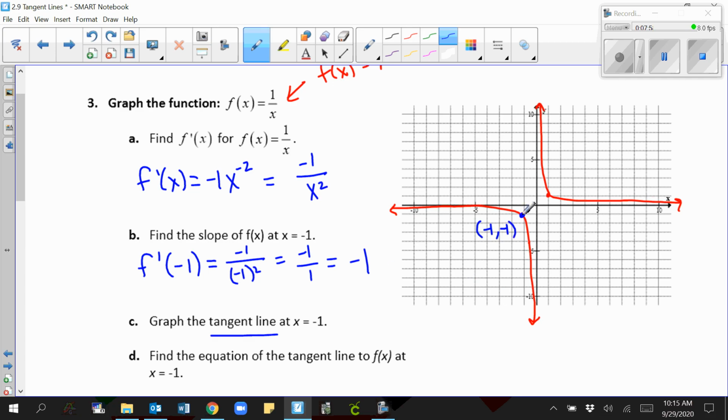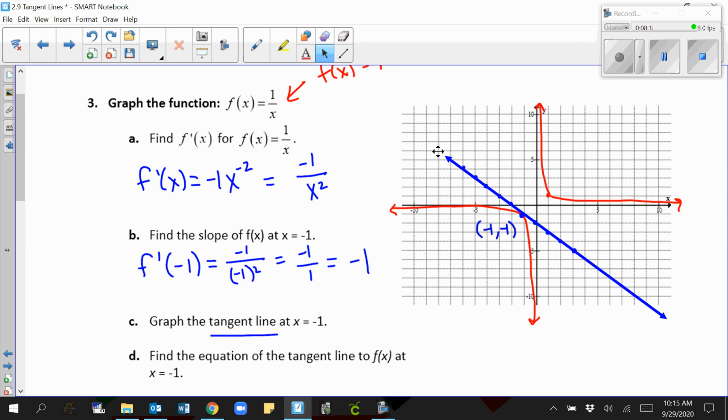That's a lot of negative 1s. So it's going to go down 1 over 1, down 1 over 1. It's going to make this pattern right here. So when I draw my tangent line, it's going to look like that. And I can extend it over here as well.